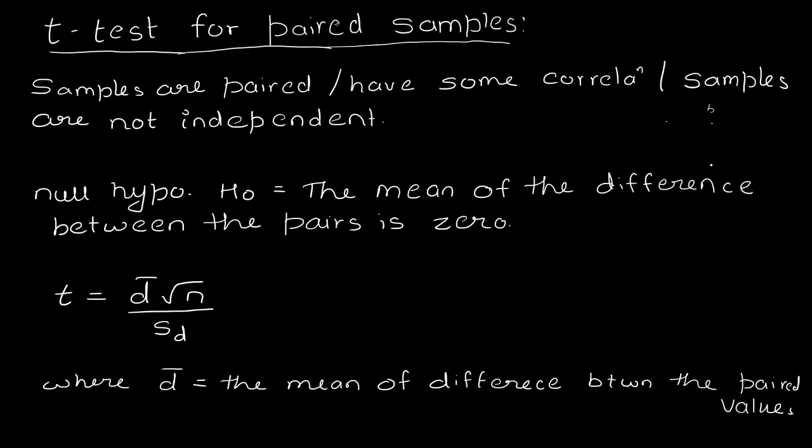Such data have some correlation between them, that is, they are not independent, they are paired, one and the same.